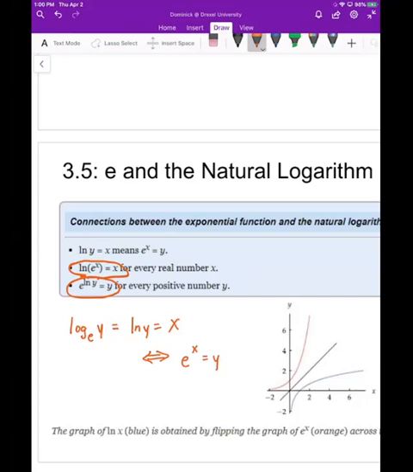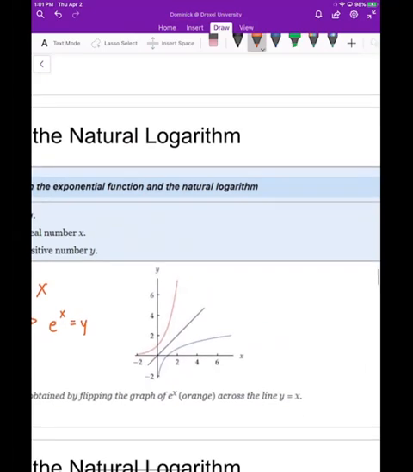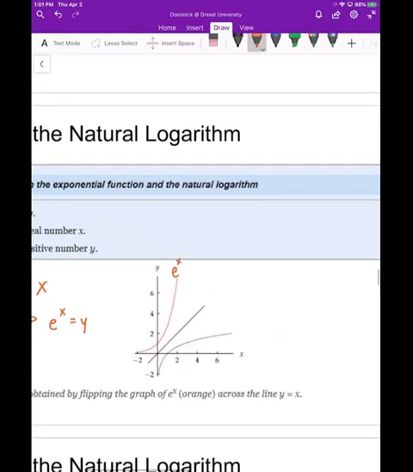If you take e to the natural log of something, you just get that something. These two properties will get used over and over in any calculus class that you take. And this shows that e to the x and natural log of x are inverses of each other. If you reflect them across the line y equals x, you can see that they are symmetric.